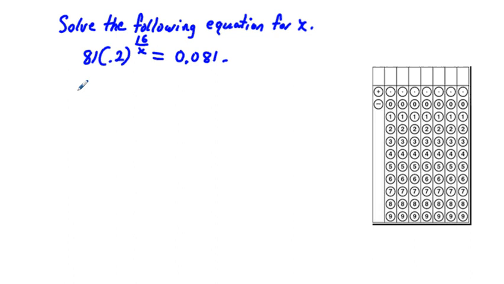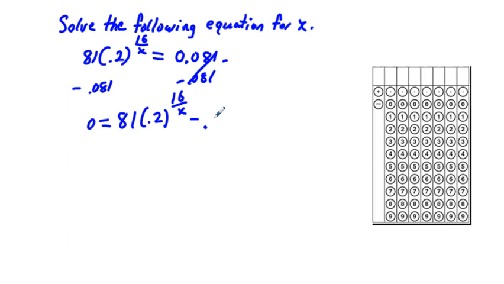So if you subtract 0.081, you're going to get 0 equals 81 times 0.2 to the power of 16 over x minus 0.081. For this, you would just change this 0 to f of x.